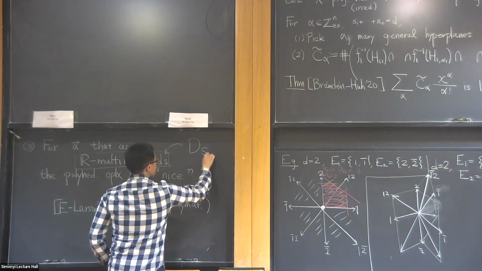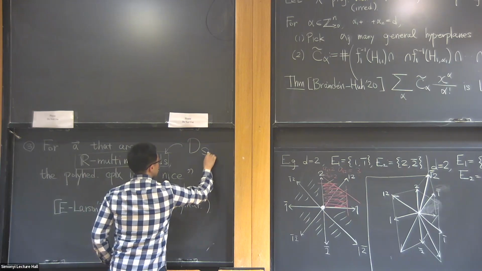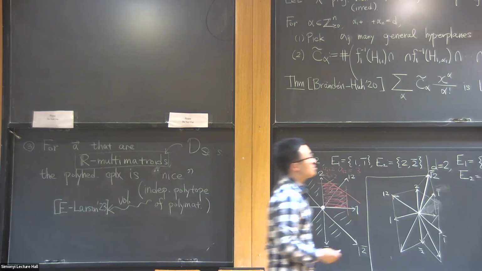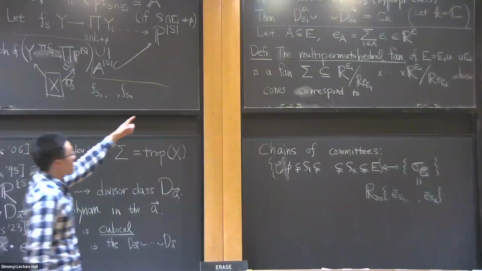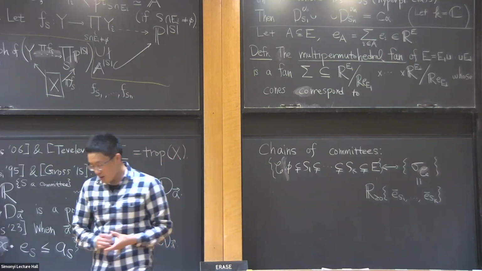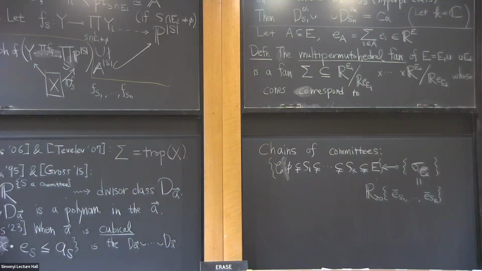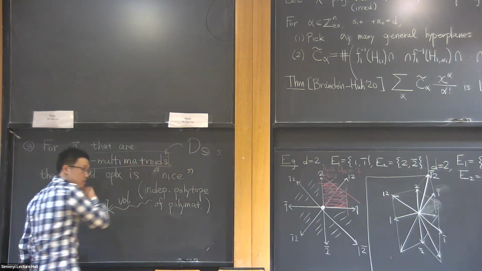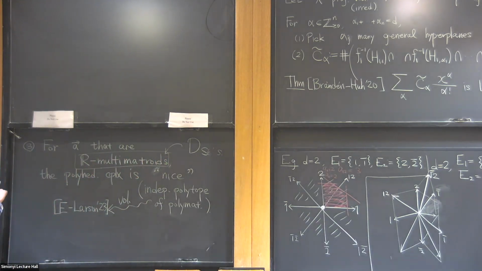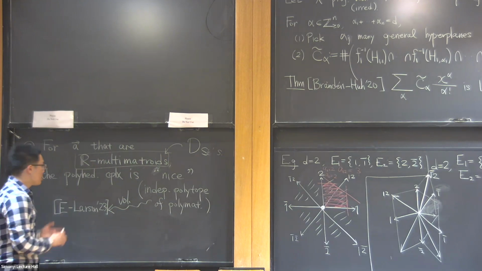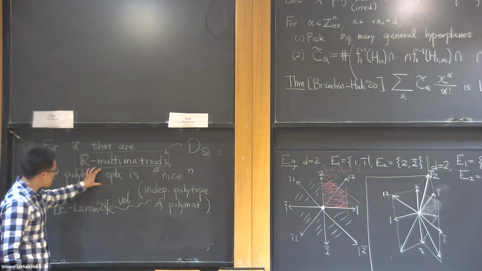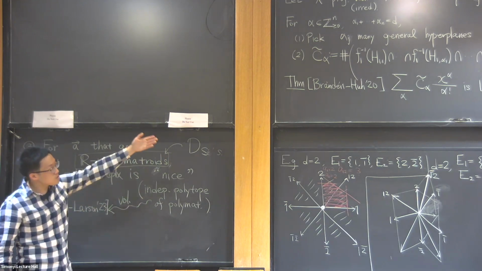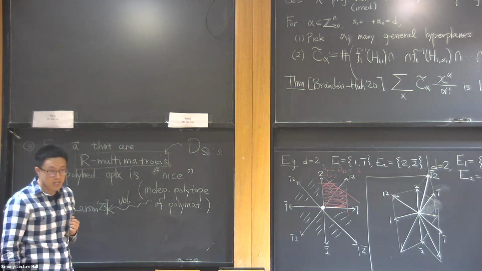these D sub S's. Our final goal was to compute the intersections of these D sub S's. One thing one can notice after going through all this language is that for R multimatroids, these belong to this class, and the volumes of the associated polyhedral complex I understand completely well, and it actually equals the count that we wanted.